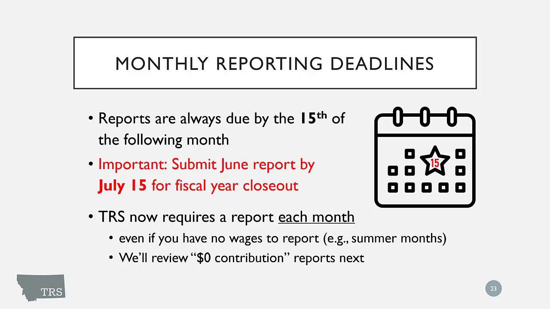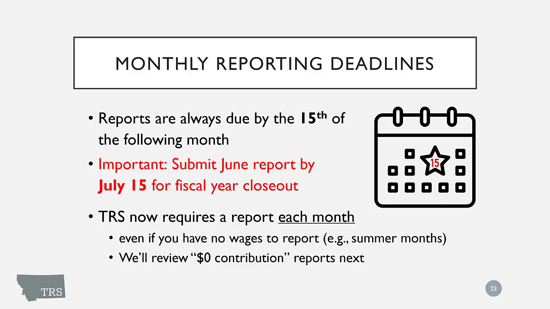The biggest one here is obviously the June report. It needs to be in by July 15th so that TRS can close out its fiscal year in that time frame. And we'll definitely send out reminders on that.